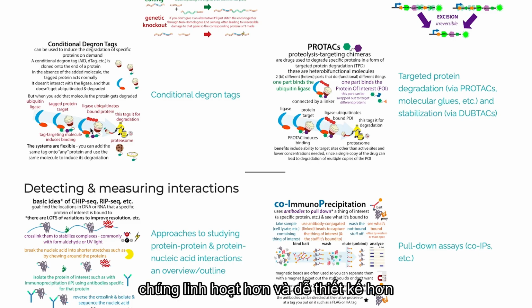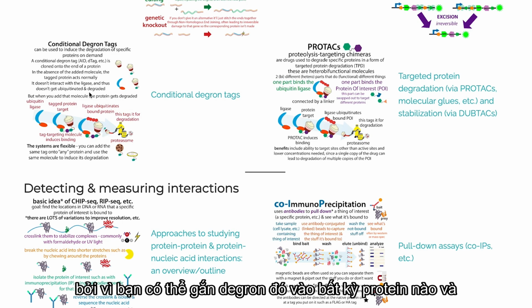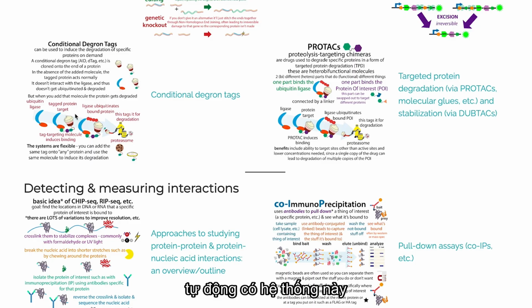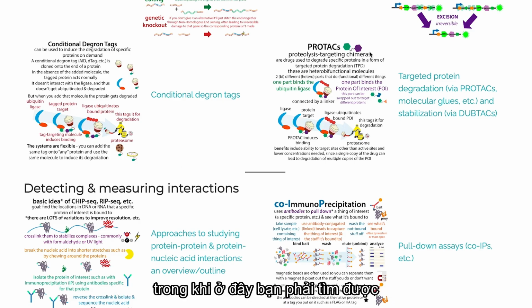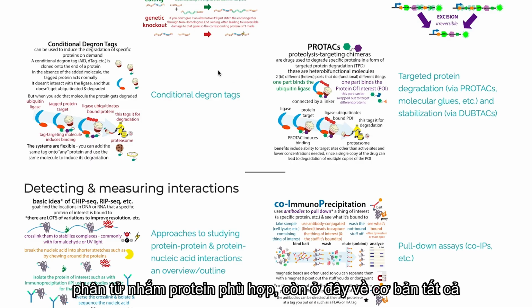And they're more flexible and easier to design because you can stick that degron onto any protein and then kind of automatically have this system in place, this molecule that's going to target them and induce this binding for any protein with this tag. Whereas for a PROTAC, you had to find the right protein targeting molecule.